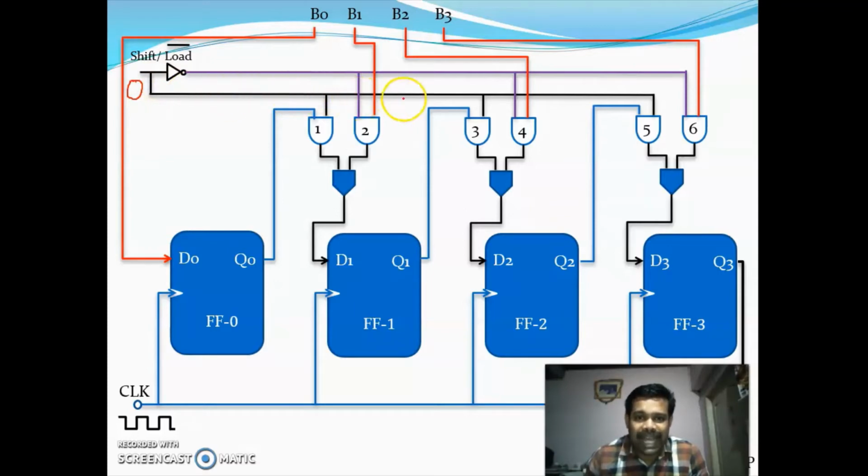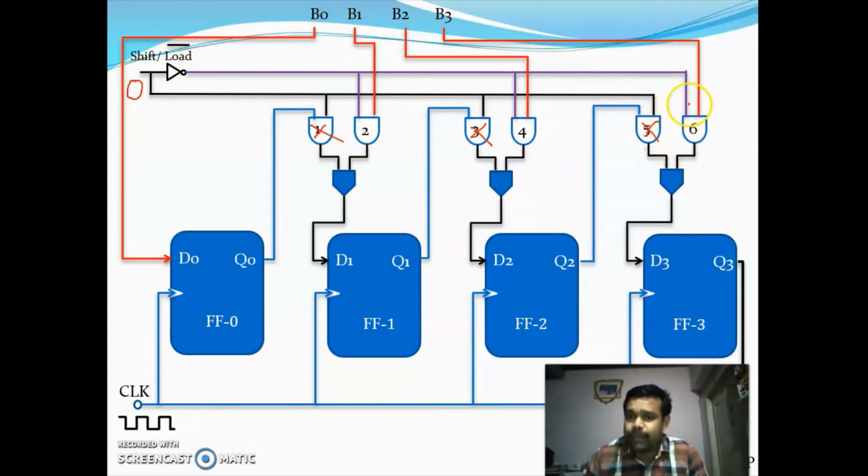So in this black line, the gates 5, 3 and 1 will get disabled. Why? Because one of the inputs of these gates is 0. This 0, after coming from an inverter, will become 1, so the gates 2, 4 and 6 are enabled.